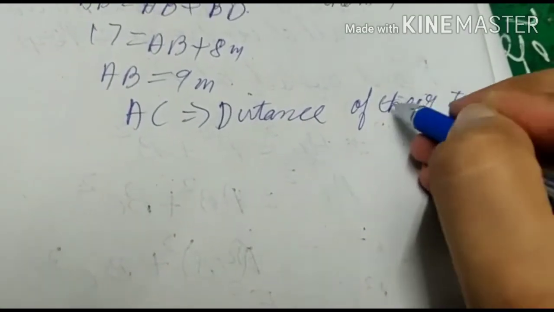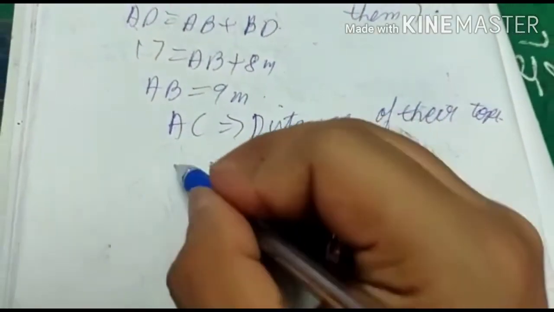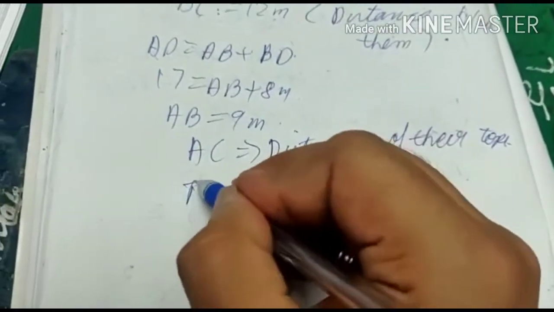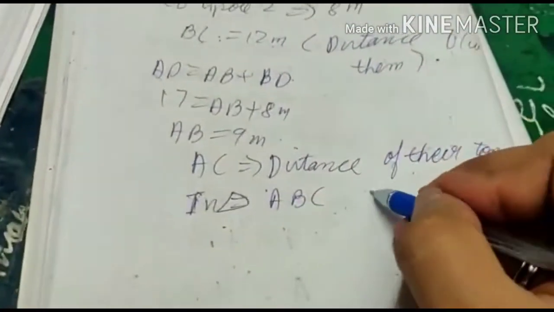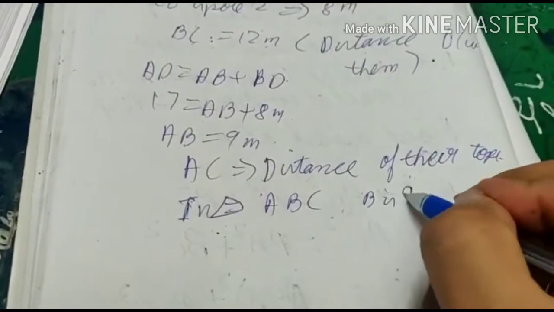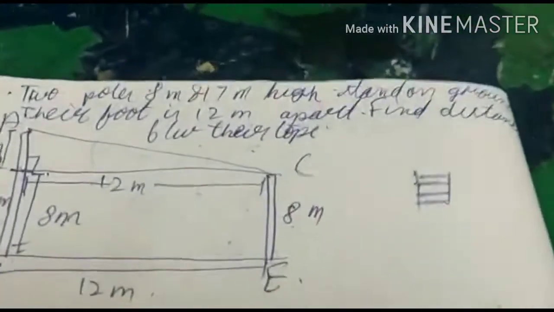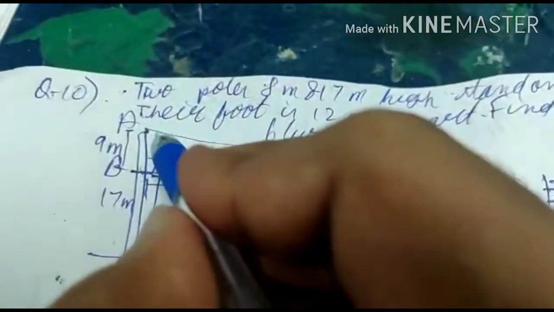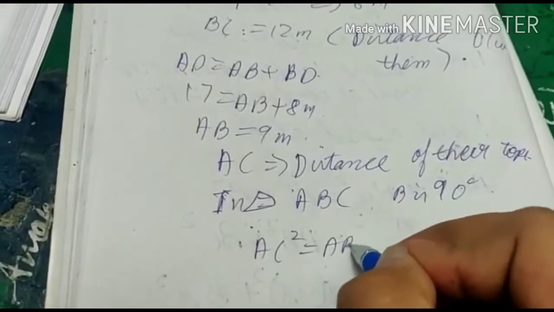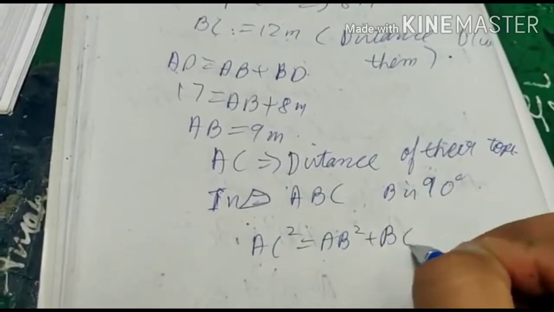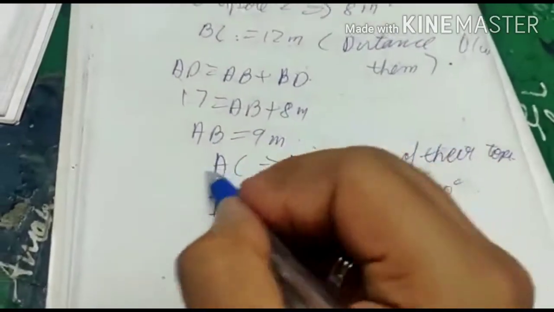So in triangle ABC, B is 90 degree. Yeah, this is 90 degree. It is standing straight on this line. So AC square equals AB square plus BC square. So we have to find this distance.